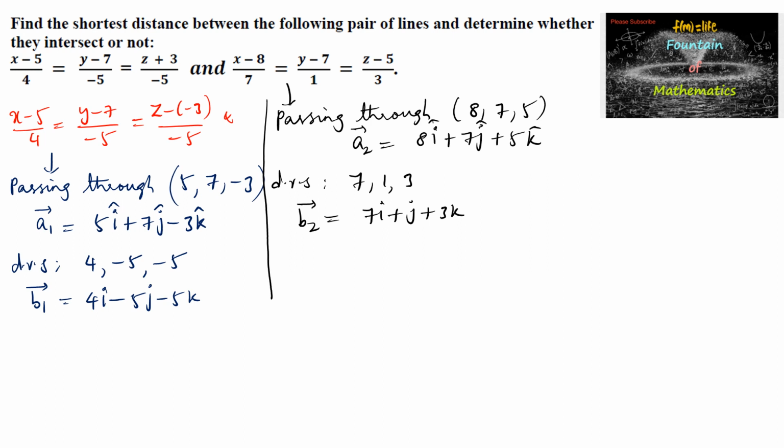Now we can also say that the direction ratios b1 and b2 are not proportional, and hence we can say they are not parallel.